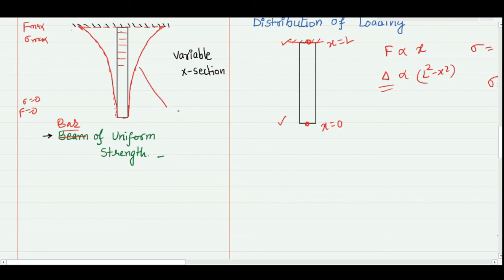Then this area is actually an exponential curve. I am not going to derive this formula here, but you should remember that in case of a bar of uniform strength, this ratio of the area will be exponential. The curve of this variation in the area is an exponential curve.